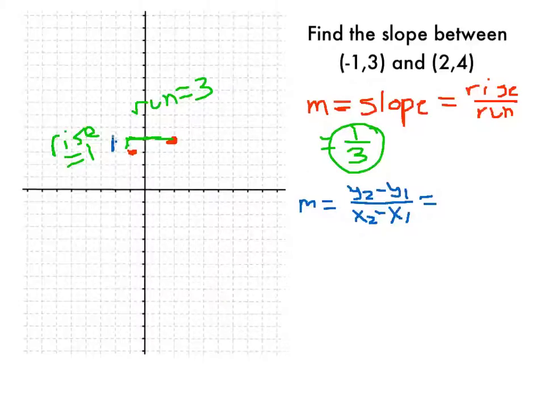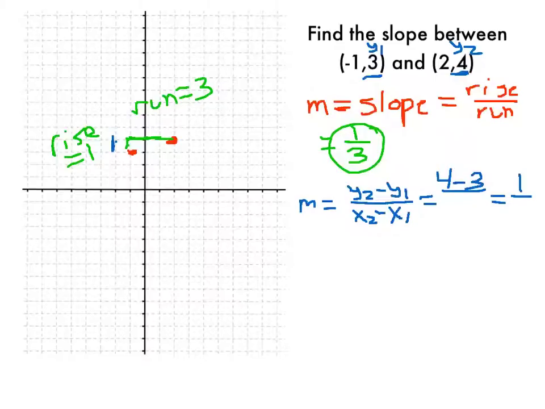We're calculating how far we're going up. So we're taking our 4, in this case, which is our second y, so this is my y2, and I'm subtracting my y1. I'm determining how far I'm going from, if I started at 3 and I went to 4, well, the difference between these points, 4 minus 3, is going to be equal to 1, which we saw.